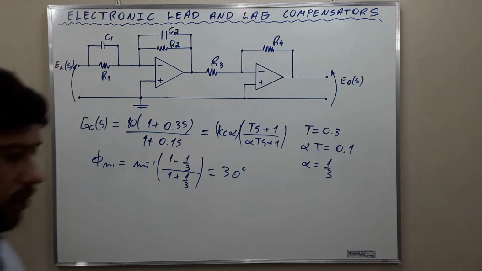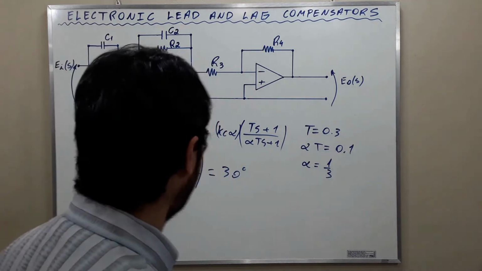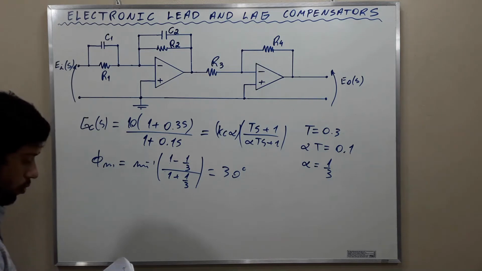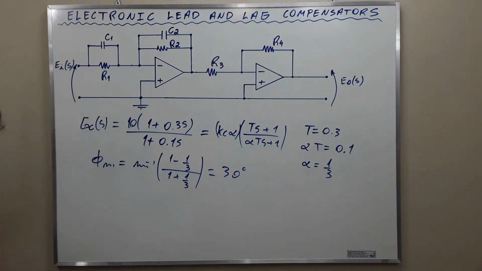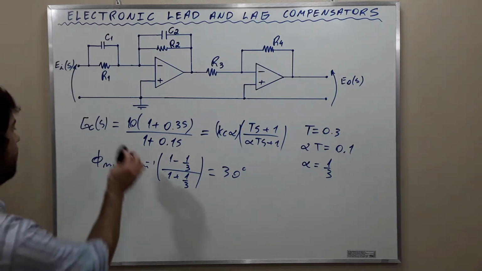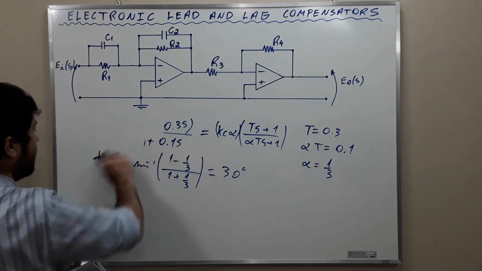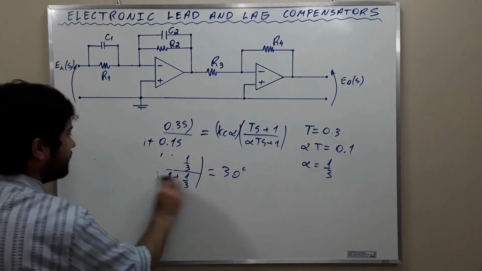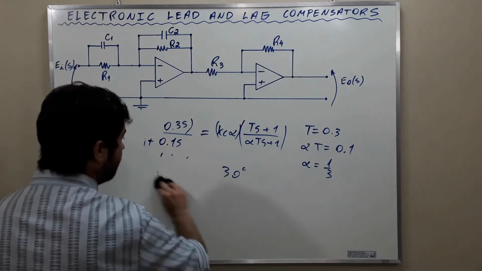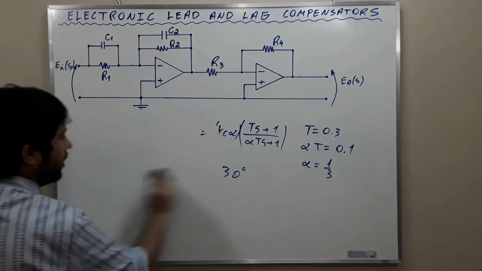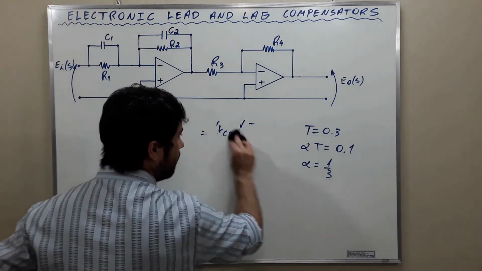Now let's solve another exercise which is similar to this, and this exercise will involve the frequency at which this occurs. Let's see another exercise that discusses this concept of maximum phase shift provided by a lead compensator.